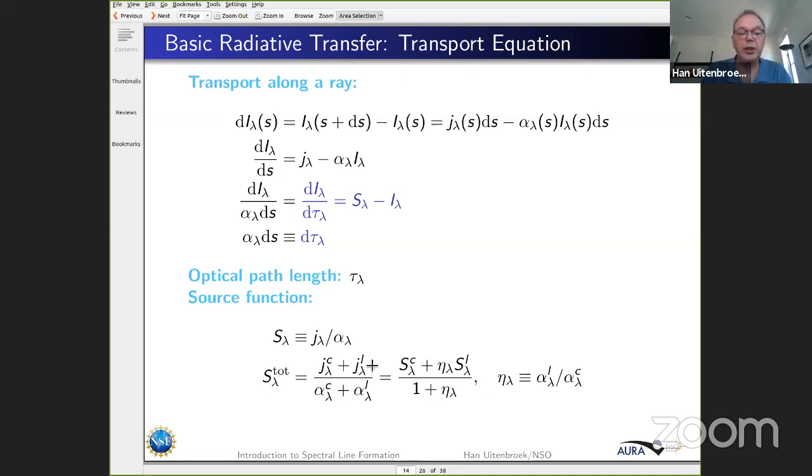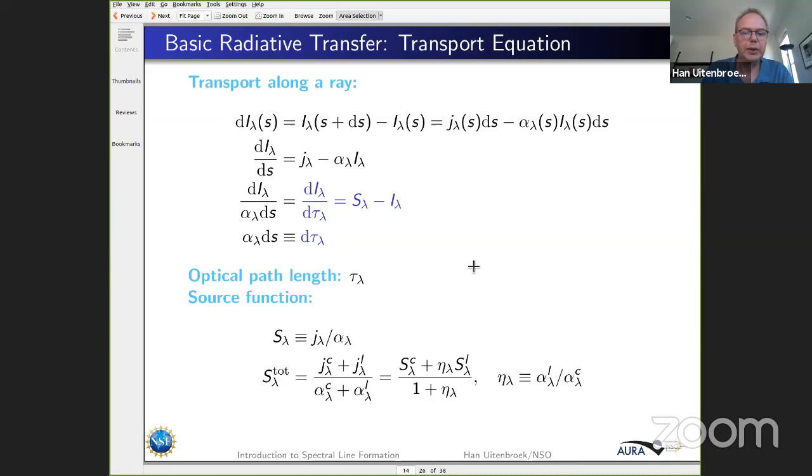And typically there will be not only one line, there may be many lines, with different absorption coefficients, so this is a much larger sum than just the sum of two processes. But this shows you, as a simple example, how you can rewrite the total source function as the weighted sum of two contributions, namely the contribution of the continuum and the contribution of the line.